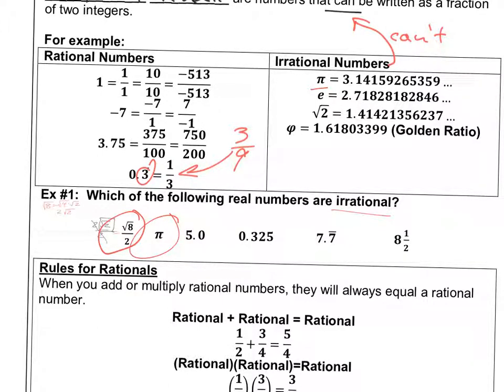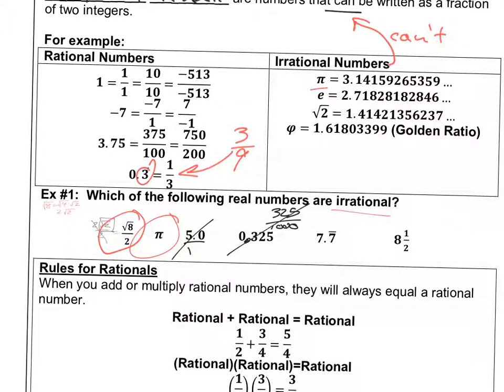But 5 could be written as 5 over 1, so that's rational, therefore not irrational. 0.325, you could take the numbers after the decimal and write them over 1 with as many zeros as there are digits, and then you have a fraction. So 0.325 is the same thing as 325 over 1,000, and therefore that is rational, so that doesn't qualify.